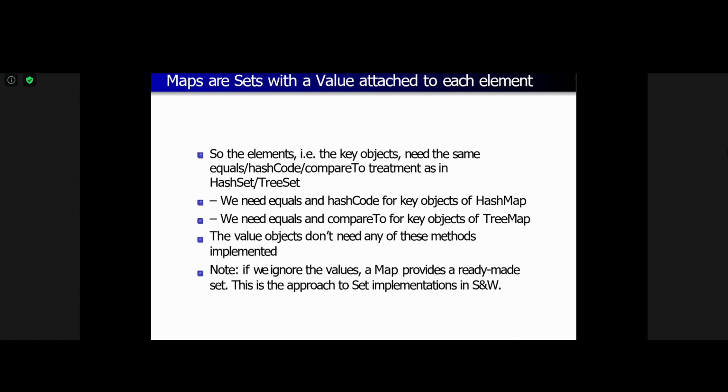And okay, so we can see that if we ignore the values, we have a map. All you have left is a domain, and so that gives you a set. So this is the trick that the textbook uses to simplify the world.